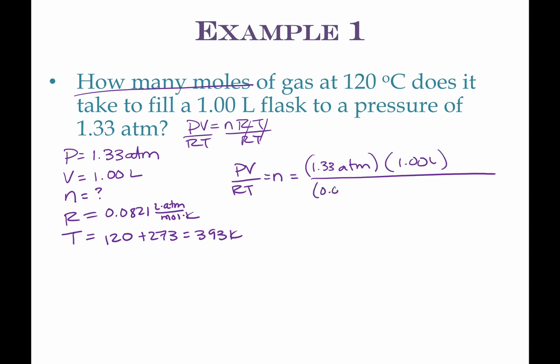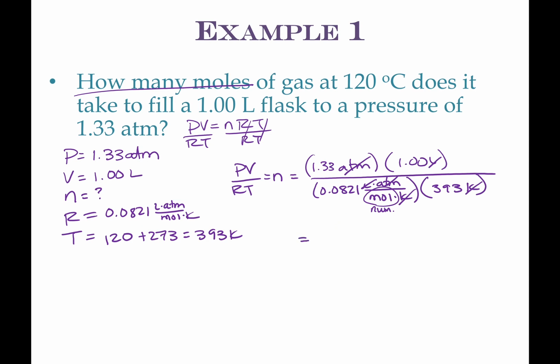R is 0.0821 liters times atmospheres over mole times Kelvin. And T is 393 Kelvin. Look at the units. Atmospheres cancel, liters cancel, Kelvin cancels. Moles are in the denominator, so they're actually in the numerator, which is good because we're looking for moles.